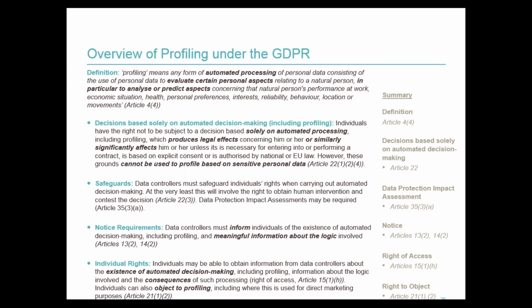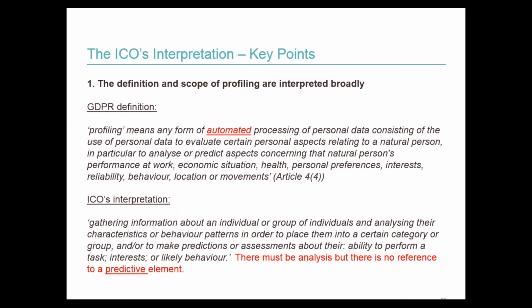So the topics I want to mention briefly about the ICO's interpretation, the first thing, just a baseline point, is that the GDPR defines profiling as set out on the slide, and it has this automated element. Now the ICO, in its request for feedback, actually states it has the analysis element of it, but there isn't this predictive element.